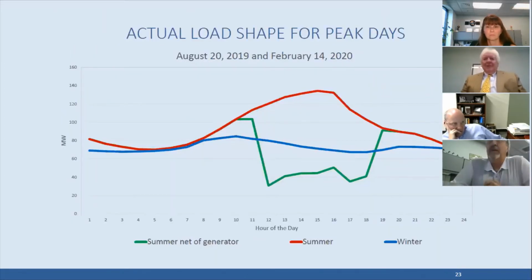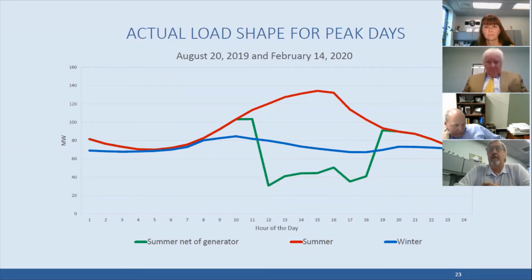So here are some graphs of load on the total system, Paducah Power System, and they are demands in megawatts. MW is megawatts, for 24 hours of the day, the hour ending 1 a.m. through midnight.